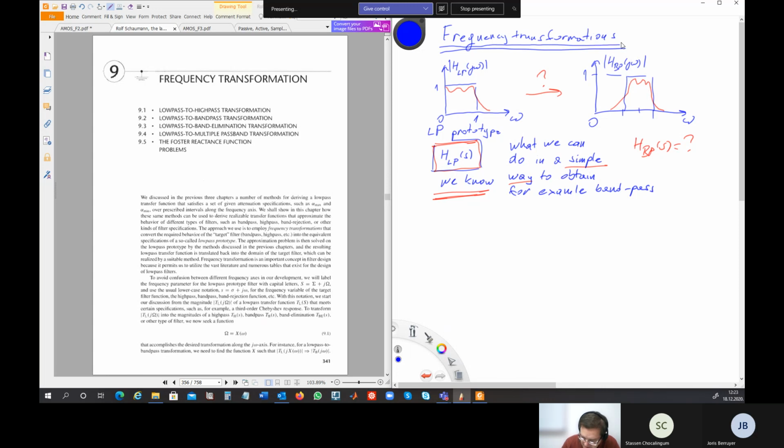And of course, we can recognize that here, this is passband. And here, this is passband. Here is stop band. Here, this is stop band.